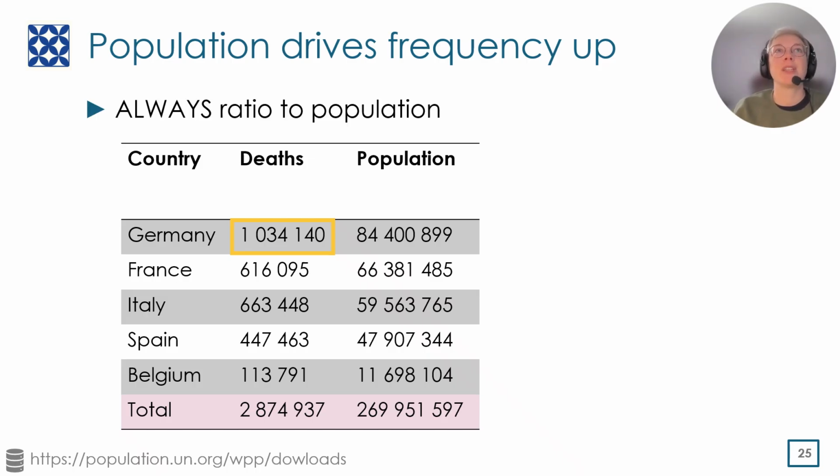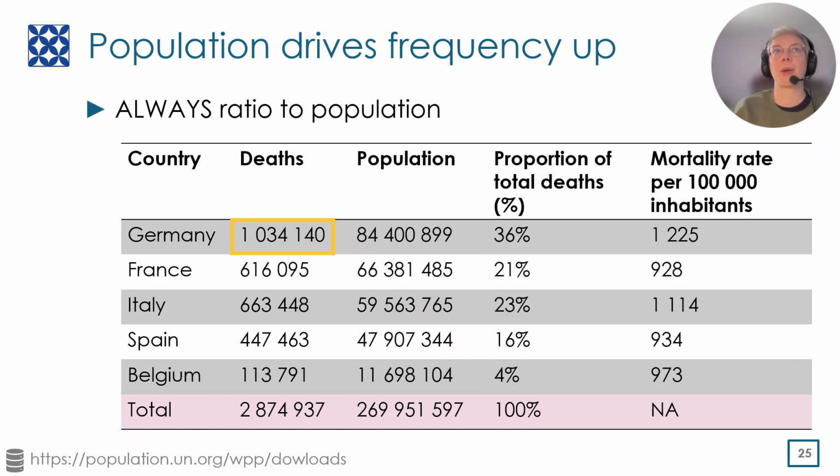So what's the solution here? Well, you always need to ratio to population. So if instead of looking at just the deaths, I look at the proportion, the mortality rate per 100,000 inhabitants, then I go, oh, okay, this is a lot more stable throughout the different European countries.